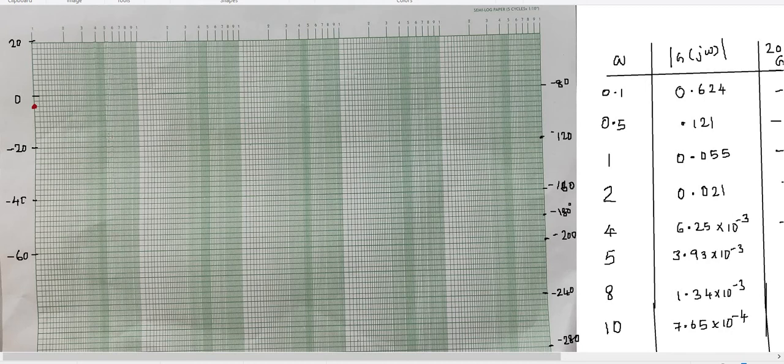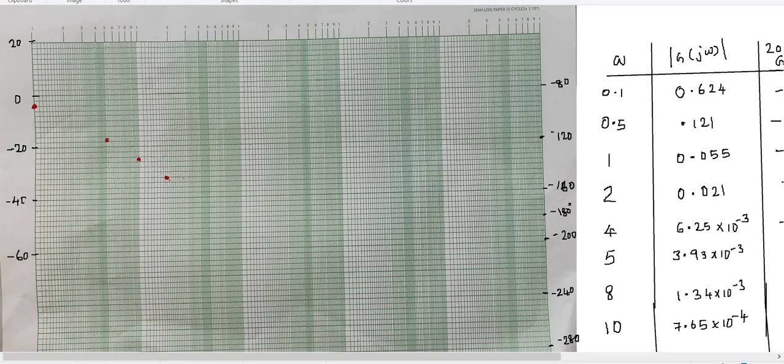Corresponding to 1, the gain is minus 25 dB. Corresponding to 2, the gain is minus 33.